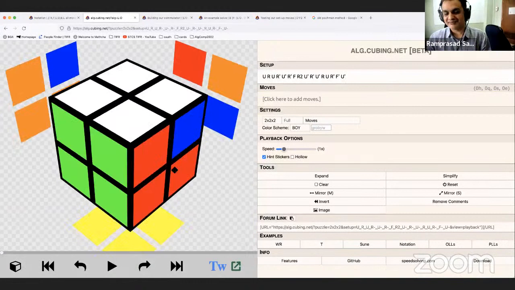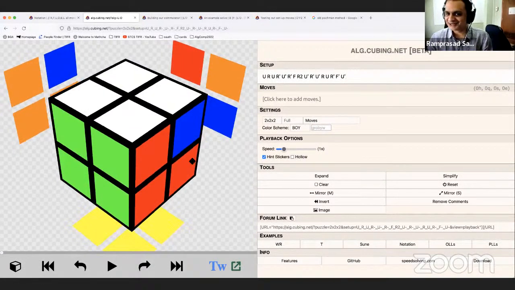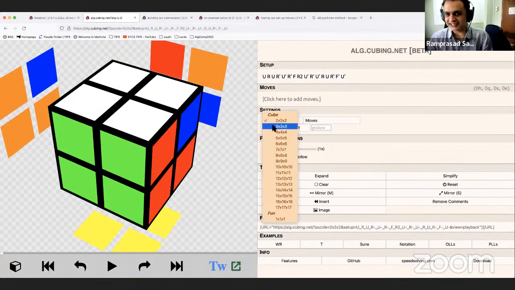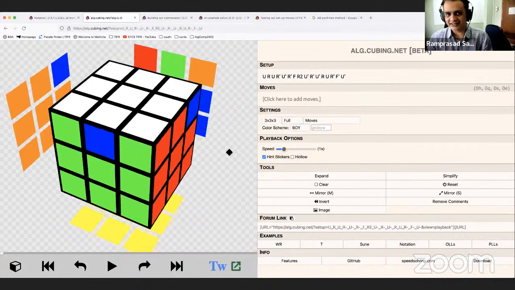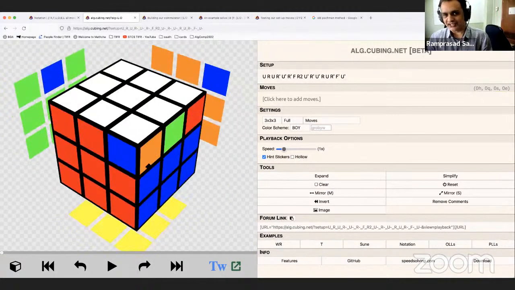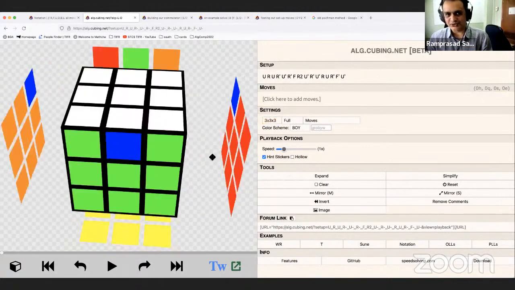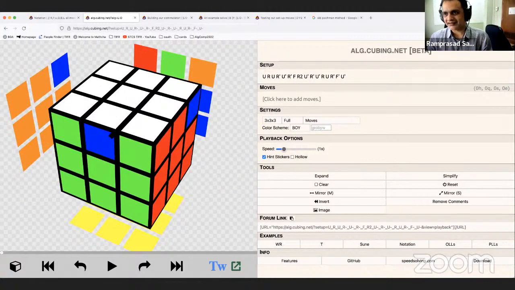And by the way, this works only for 2 cross 2 cubes. If you actually see what it does to the 3 cross 3 cube, yes, it swaps those two corners, but it also swaps two edges. So it does something else on the 3 cross 3.